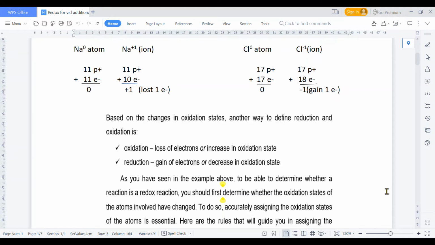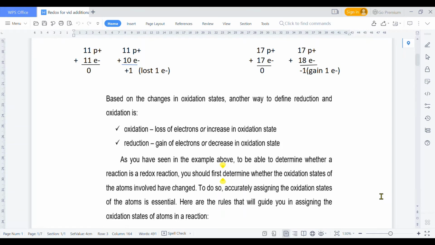As you have seen in the example above, to be able to determine whether a reaction is a redox reaction, you should first determine whether the oxidation states of the atoms involved have changed. To do so, accurately assigning the oxidation states of the atoms is essential.